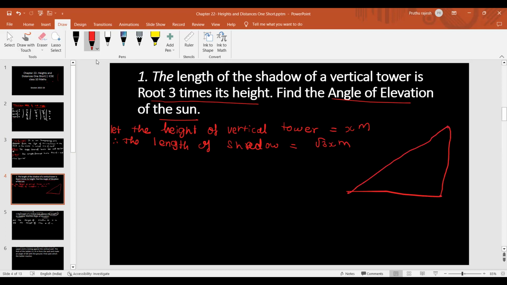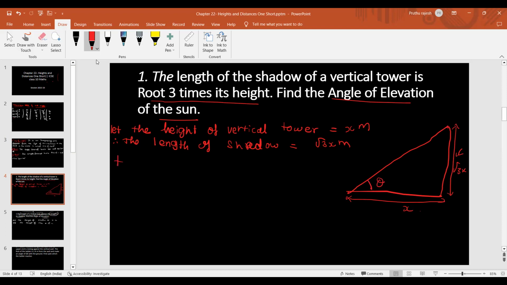So we have the height of the tower as x meters. This is root 3x and this one is x. They have given us the perpendicular and they have given us the base. So by tan theta we can figure out the angle of elevation.